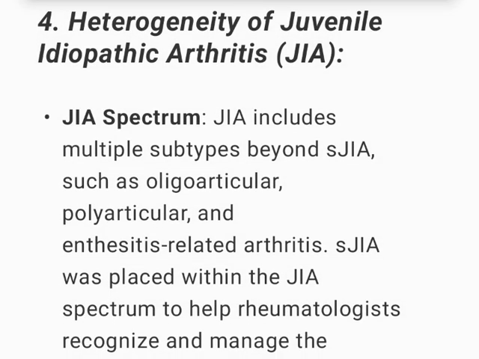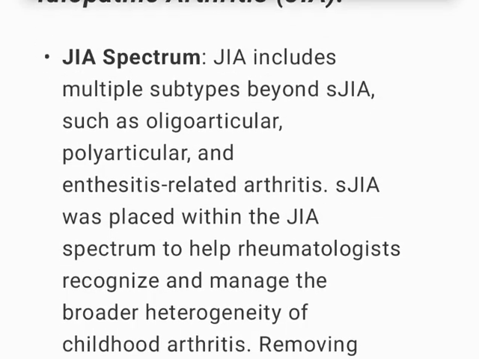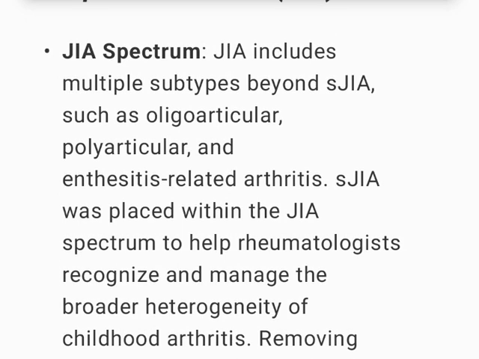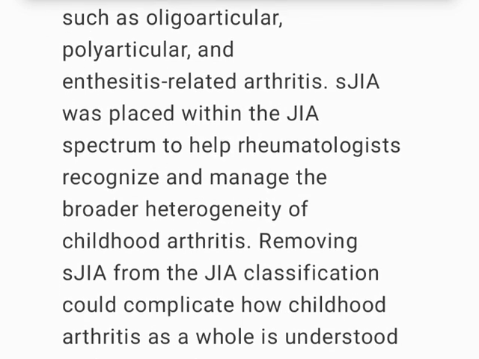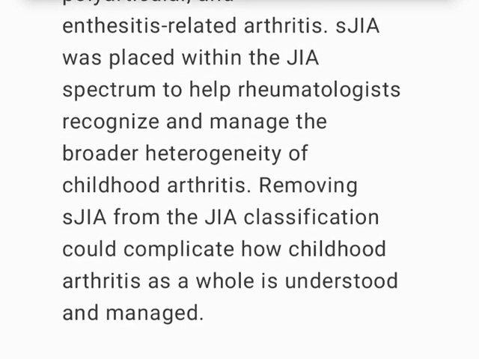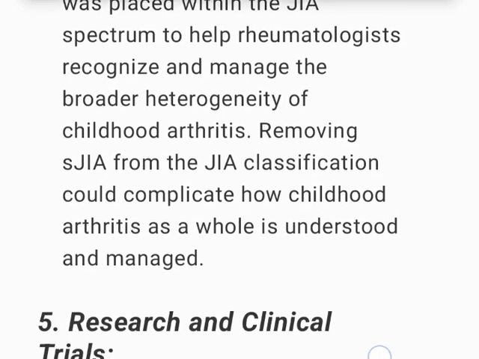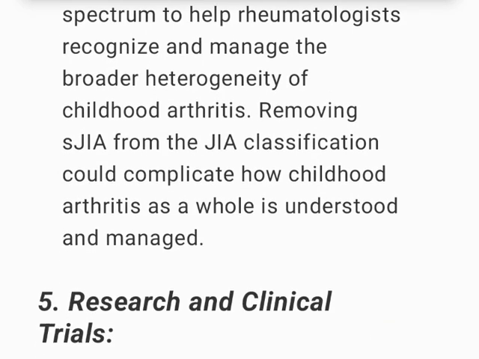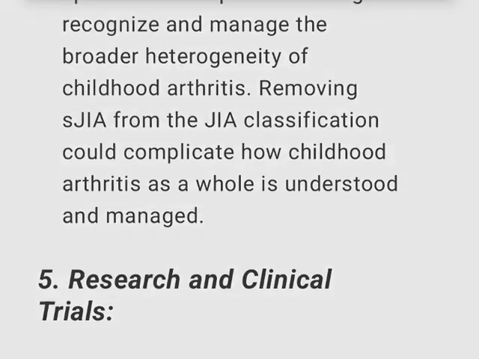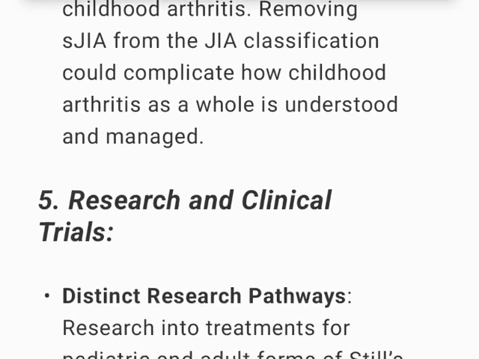4. Heterogeneity of juvenile idiopathic arthritis. JIA spectrum. JIA includes multiple subtypes beyond SJIA, such as oligoarticular, polyarticular, and enthesitis-related arthritis. SJIA was placed within the JIA spectrum to help rheumatologists recognize and manage the broader heterogeneity of childhood arthritis. Removing SJIA from the JIA classification could complicate how childhood arthritis as a whole is understood and managed. 5.